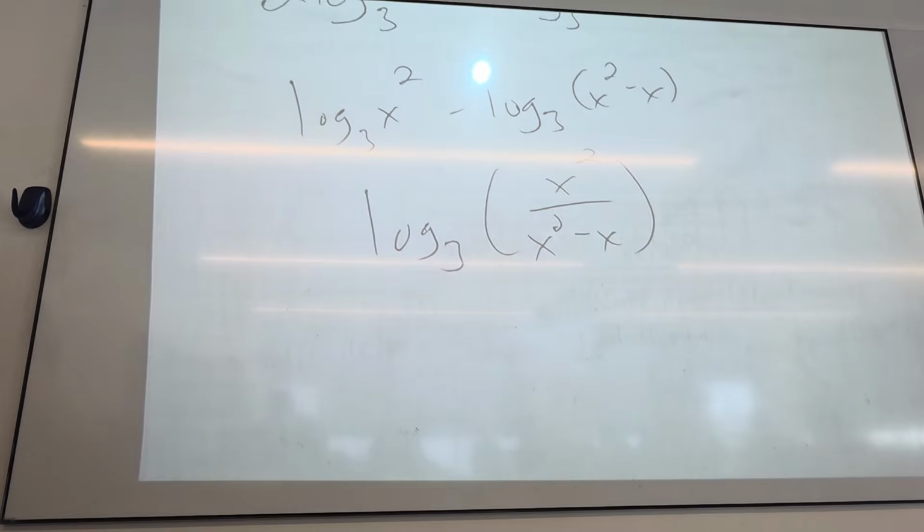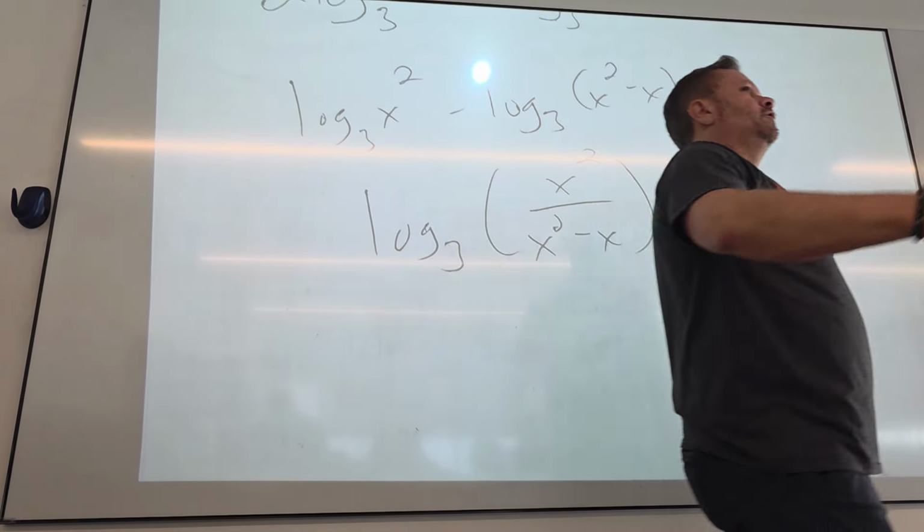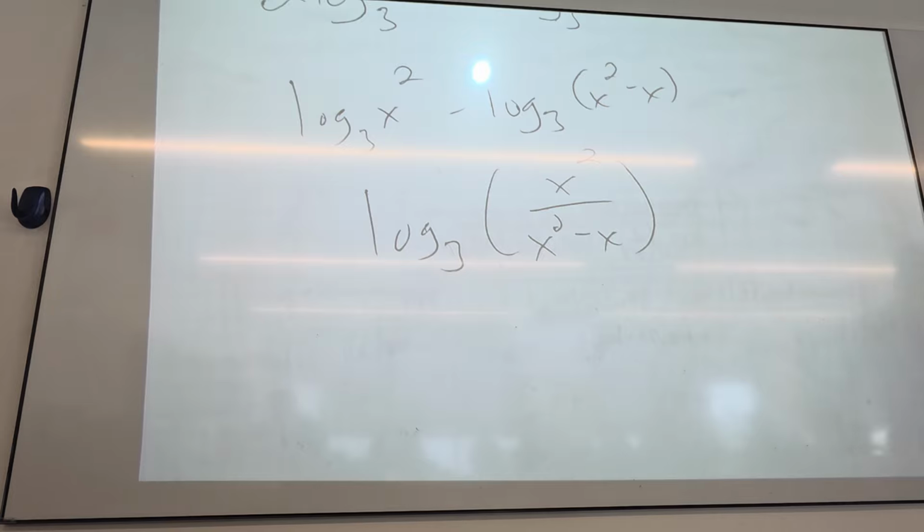Now, let's see if anybody can escape the trap I've set for you here. You could simplify that. X squared? You cancel that X squared? You, as sure as all hell, cannot cancel the x squares. You guys see why?